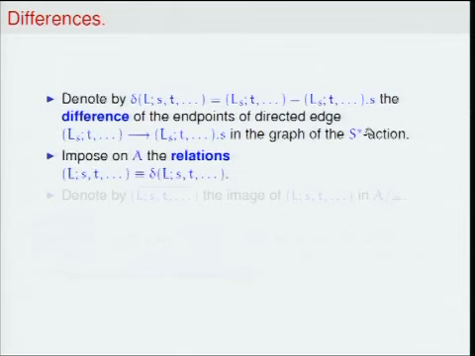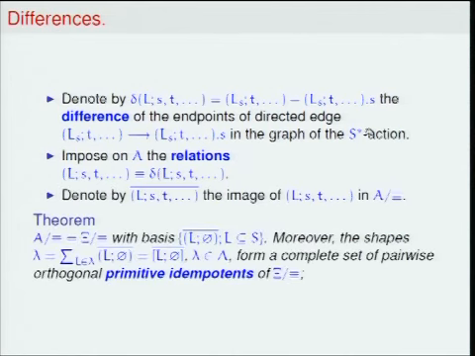Then let's impose on the algebra A the relations which identify each alley with its delta image, and let's denote by bars the images of things in the resulting quotient.